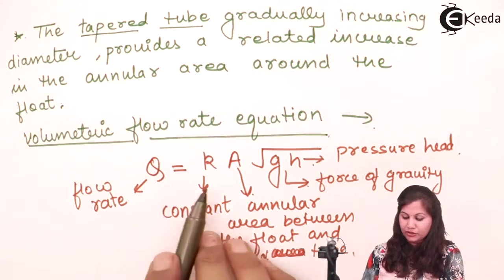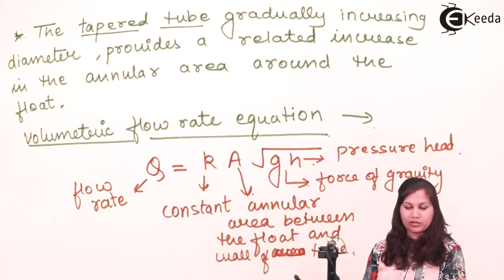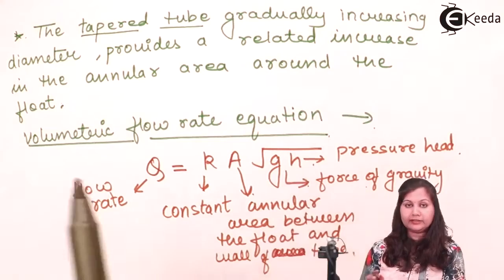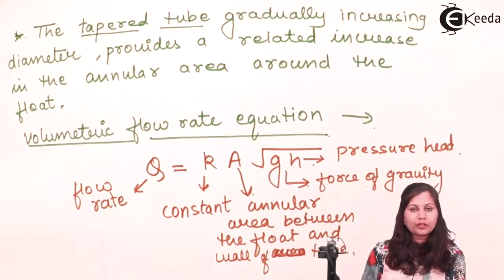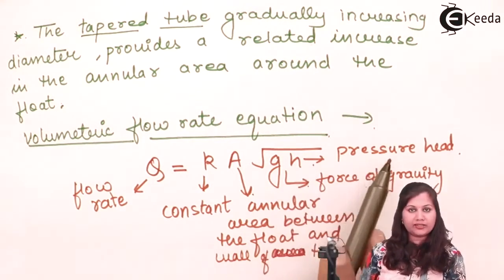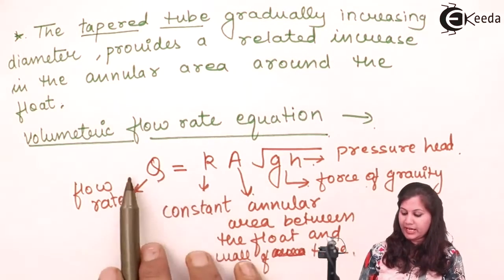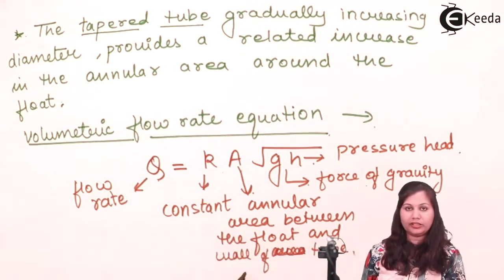From this equation you can see that K is a constant, acceleration due to gravity is also a constant, and in the rotameter there is no change in pressure, so the pressure head is constant also. So the volumetric flow rate is directly proportional to the annular area.